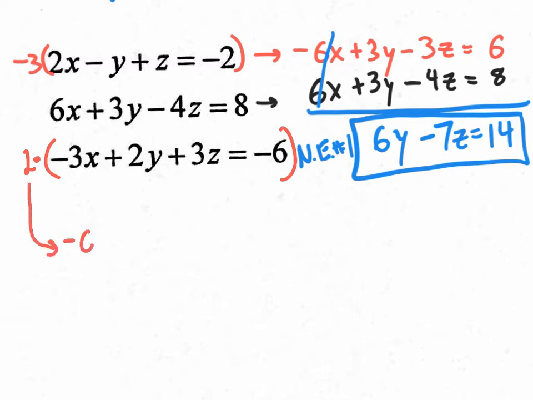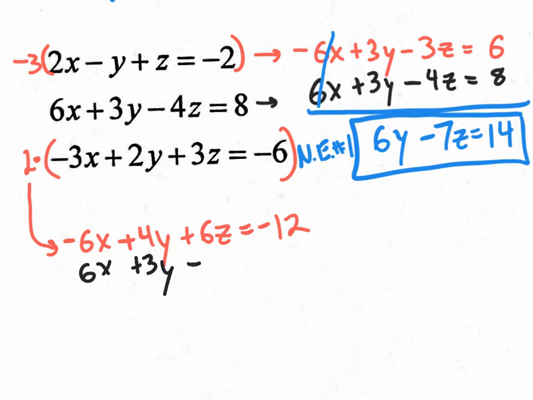That's going to give me a -6x, a +4y, a +6z, and equals -12. Are you with me? And of course, we're going to just rewrite this middle equation. I'm going to rewrite it down here right below it. Let me do that. 6x plus 3y minus 4z equals 8.